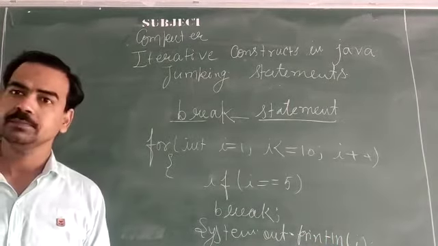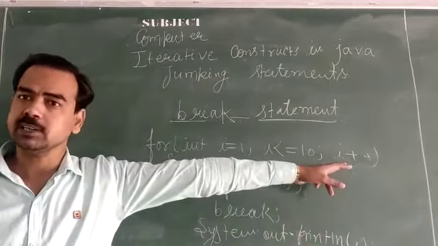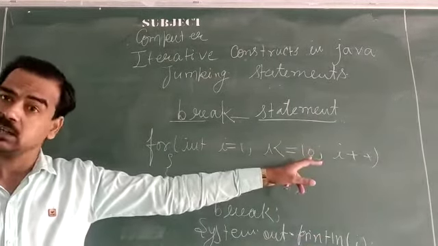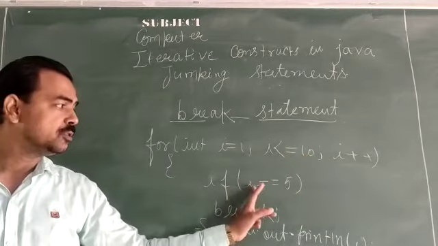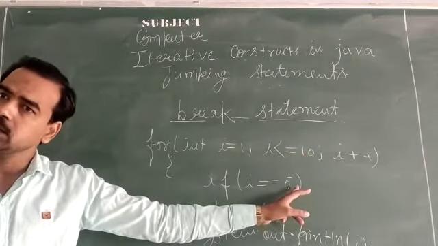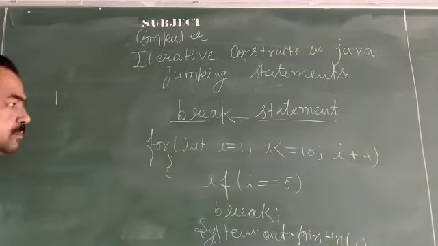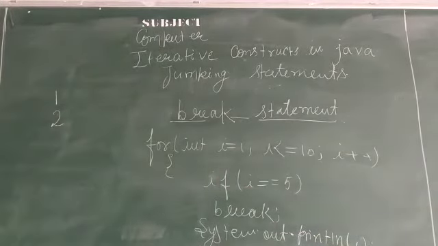Then there will be updation: i is 2. 2 is less than 10, condition true. Then 2 equals 5? Condition false. And once again System.out.println prints 2.